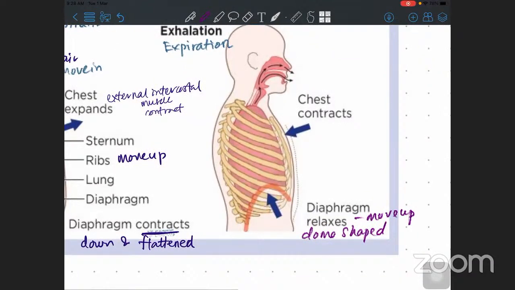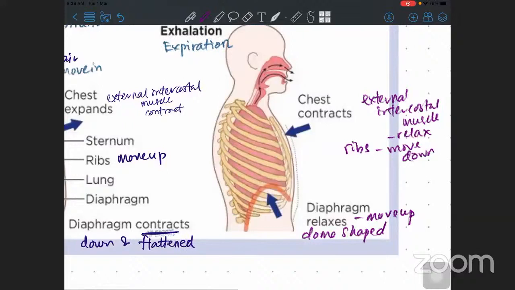For the chest to contract, how is it actually done? The external intercostal muscles will relax, number one. Number two, the ribs will move down. The diaphragm muscle is relaxed.